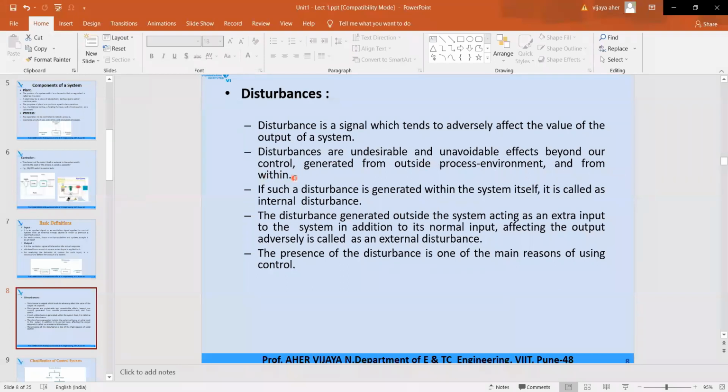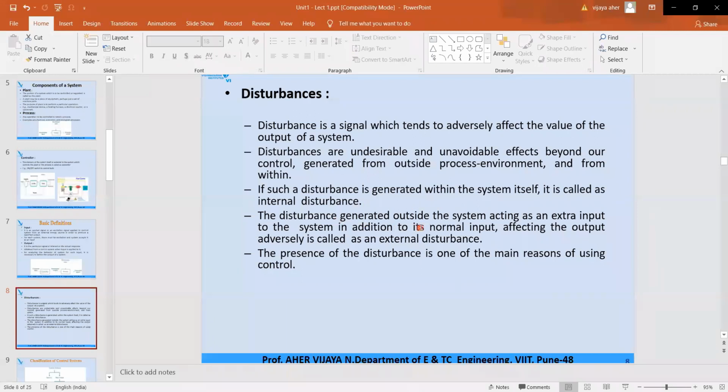from within process. Now, if such a disturbance is generated within the system itself, within the process itself, it is called as internal disturbance. If the disturbance generated outside the system acting as extra input, because this disturbance is nothing but extra input to your process, right?